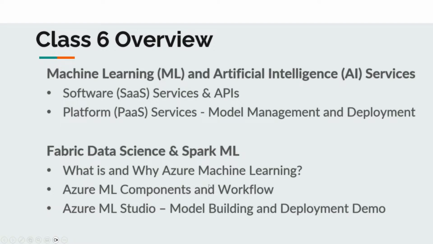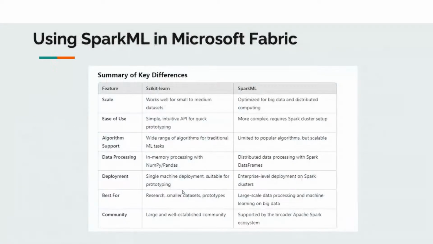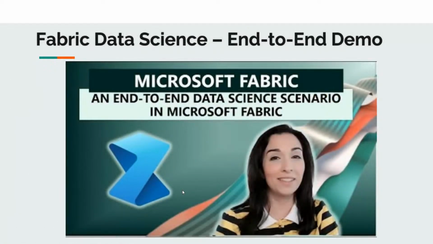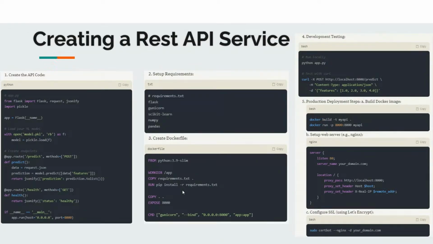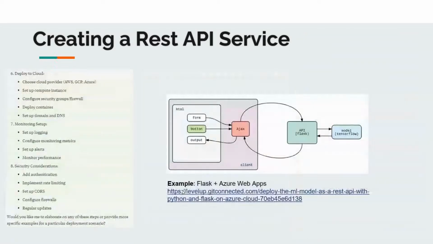We also covered Fabric data science from end to end, using Spark machine learning and deployment, and what it looks like to create your own REST API service from a model.